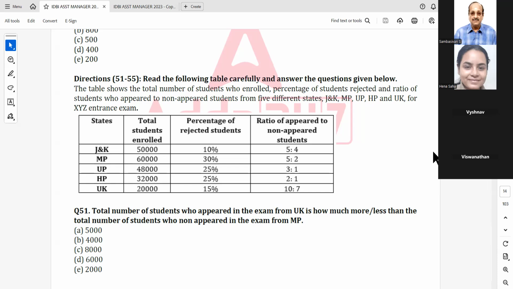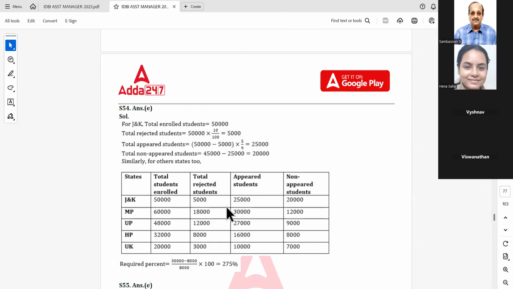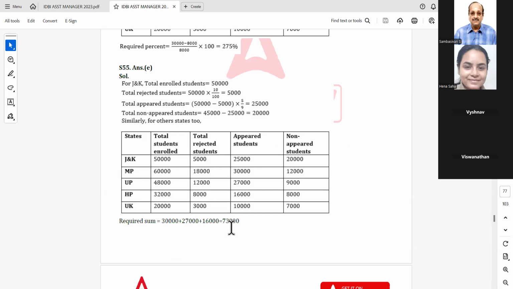Yes, sir. Similarly, Uttar Pradesh 27,000. Similarly, HP 16,000. All put together, you will get 73,000. Yes, sir, you will get 73,000. So this is the table that will come: total students enrolled, total students rejected, total appeared students.